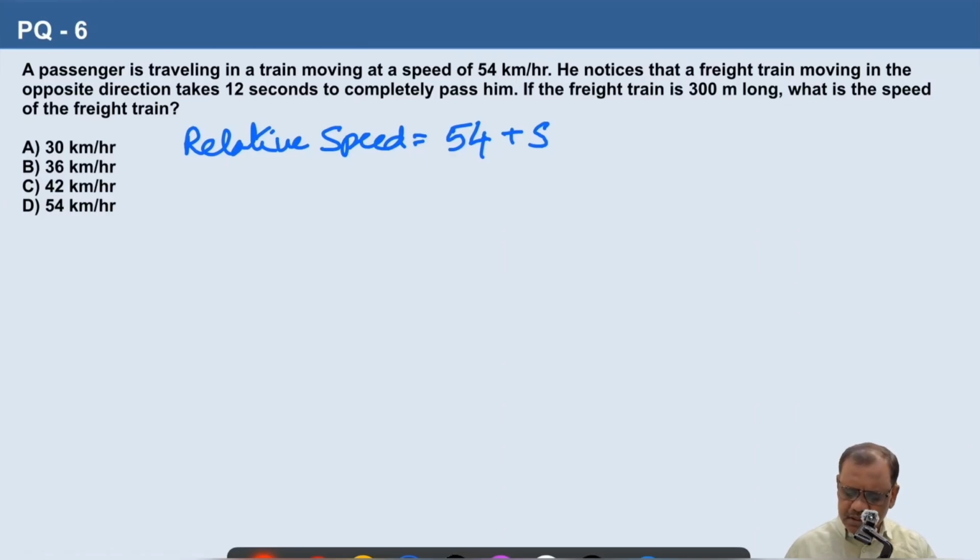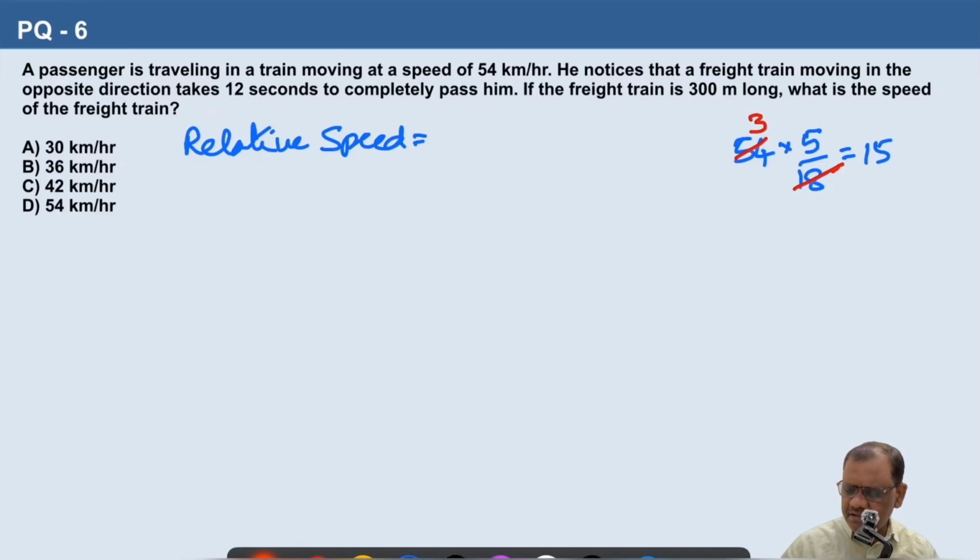Here the time is given in 12 seconds, so we should convert this 54 into meters per second. Multiply 54 by 5 by 18. So that gives 18 3s are 54, 3 5s are 15. 15 meters per second.